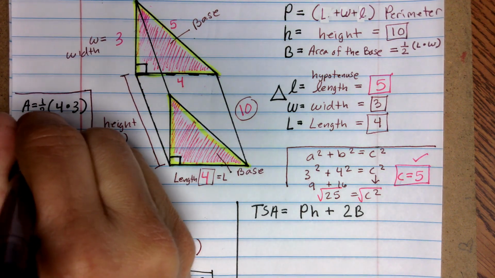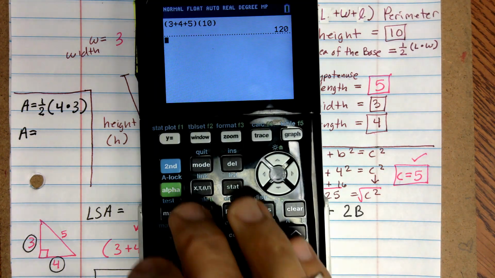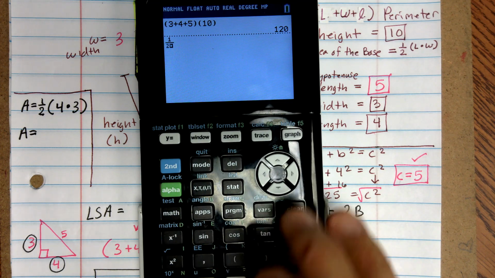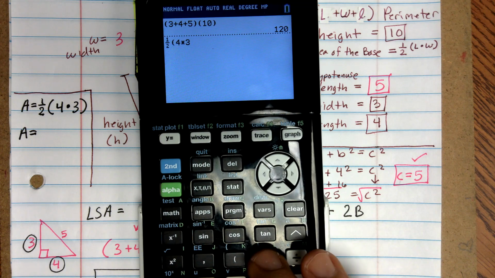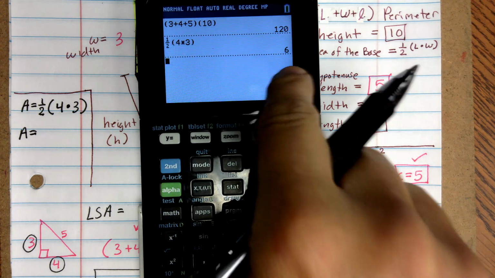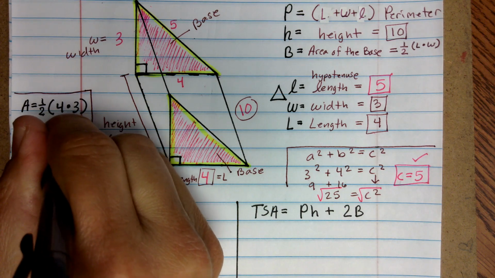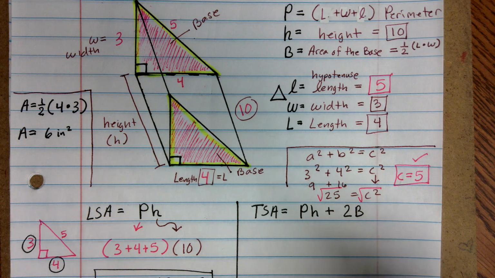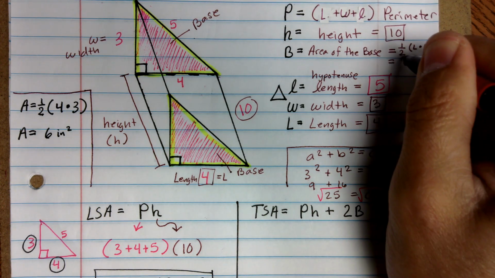And we're going to put this in a calculator and see what we get for the area of the base. So I'll put 1/2, parenthesis, and 4 times 3. And it gives me 6. So this is going to give us 6 inches squared. So when we talk about area of the base, it's going to be equal to 6.